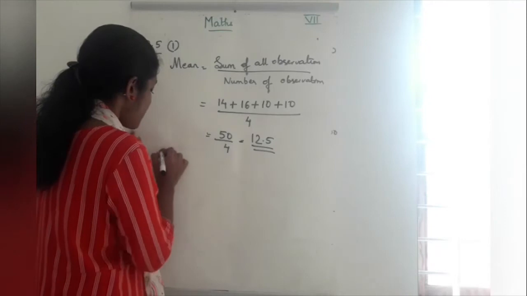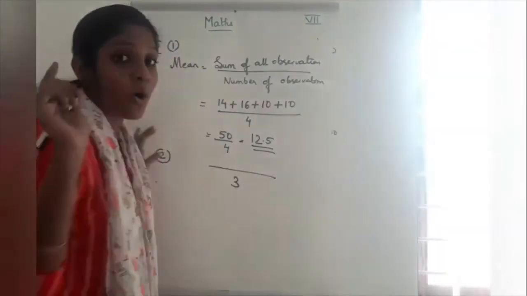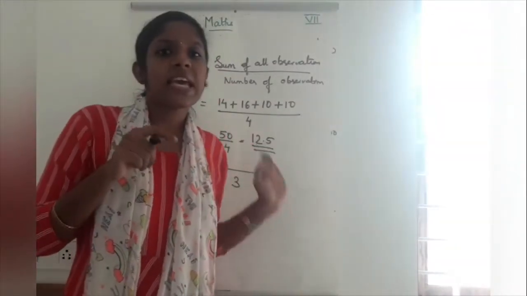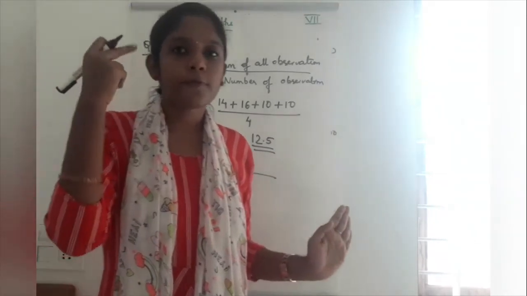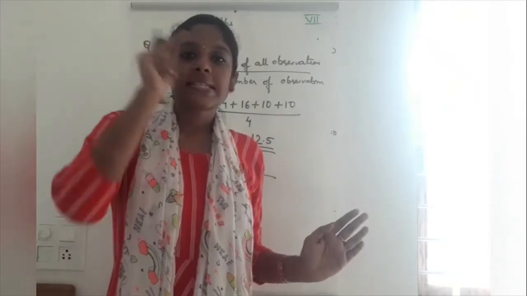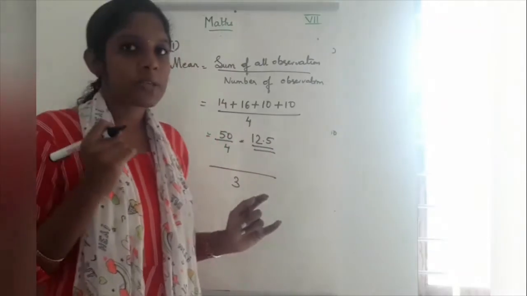The number of observation will be 3, right? Which game did he not play? He has not played the third game. So you will divide by 3. You will not divide it by 4 because the number of observation is 3. The player C has not played game 3. Okay, hope it is clear for you.